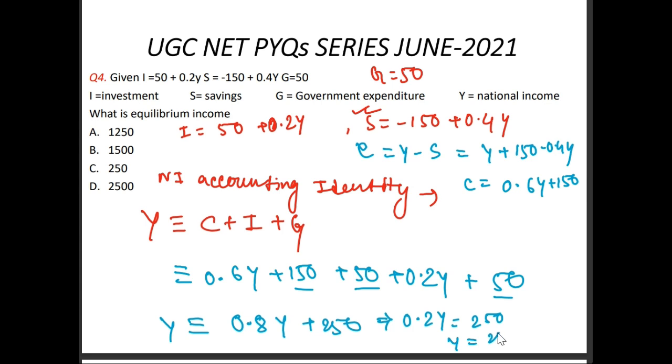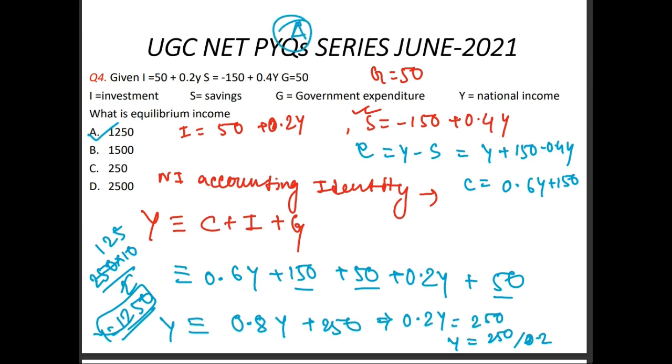Hence y is equal to 250 by 0.2, which is 1250. So y is equal to 1250. Option A is the correct answer.